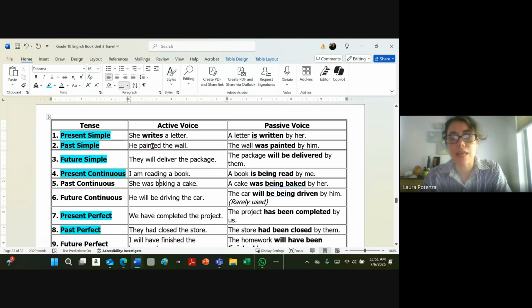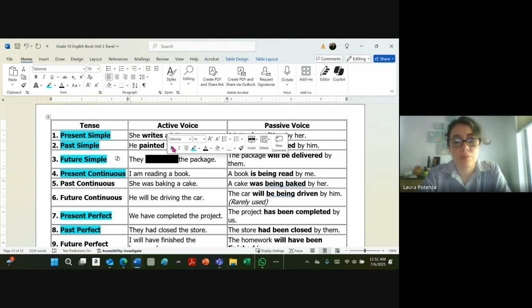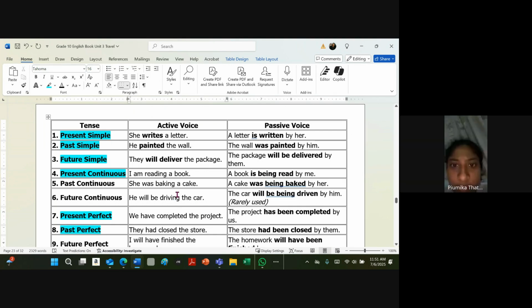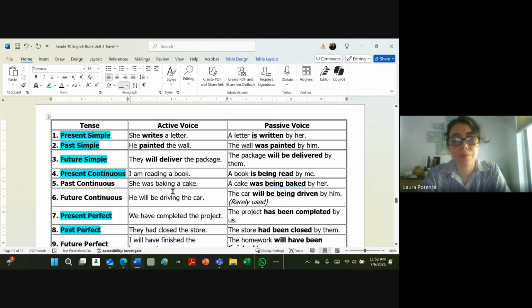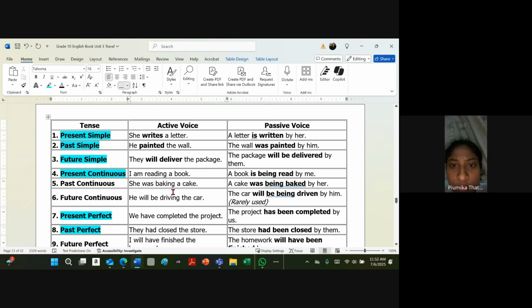I'll read the tense, and then Pumi, you can read the active voice, and Watsala, you read the passive voice. So present simple, she writes a letter. A letter is written by her. Past simple, he painted the wall.